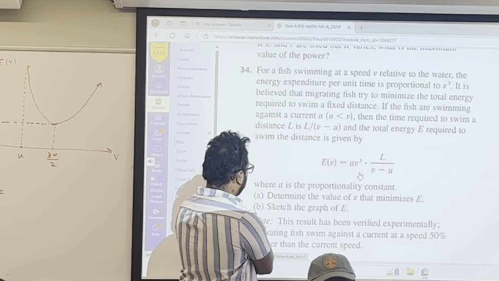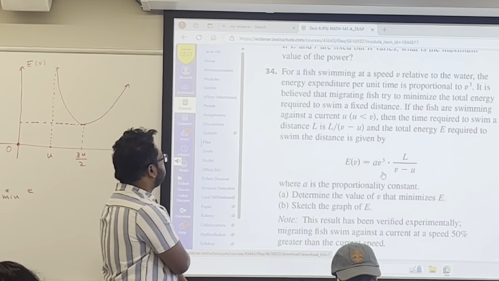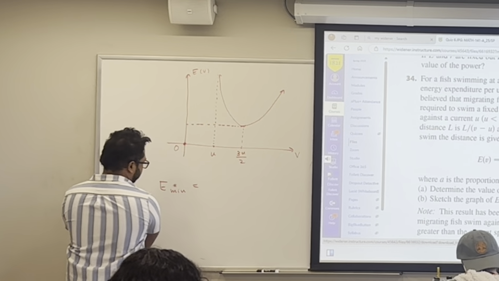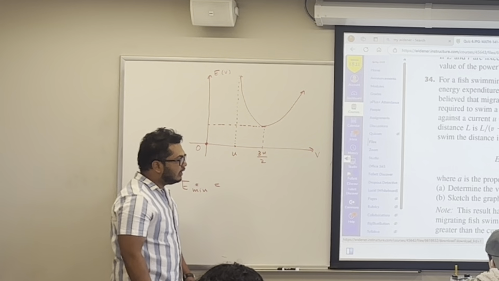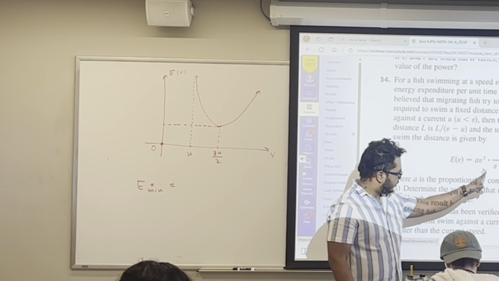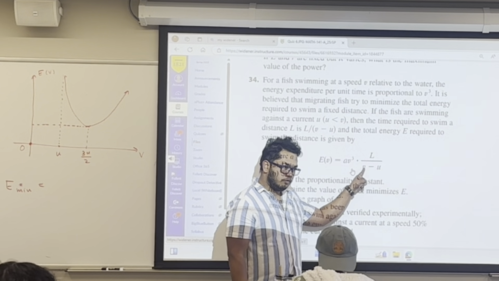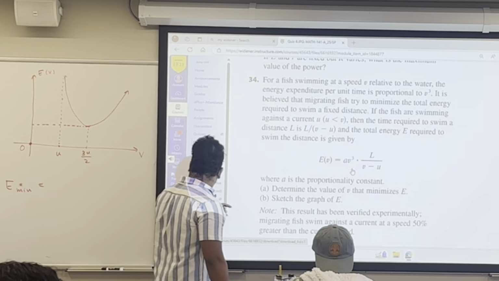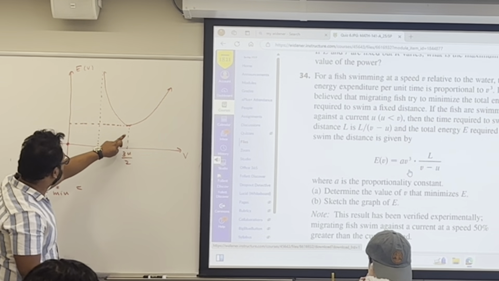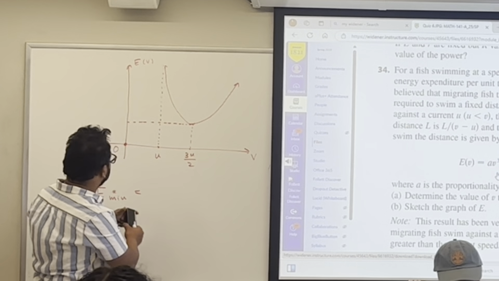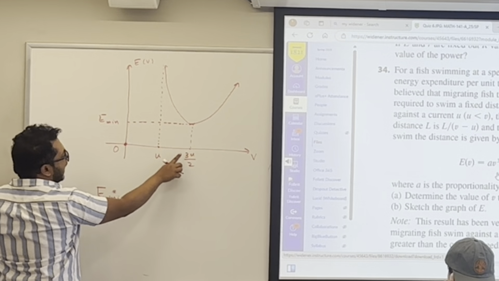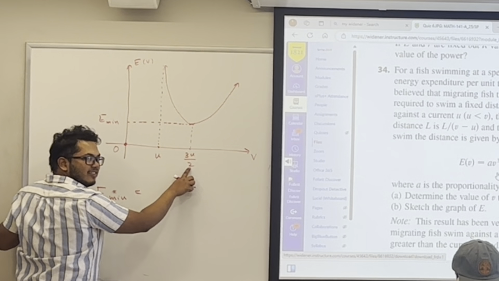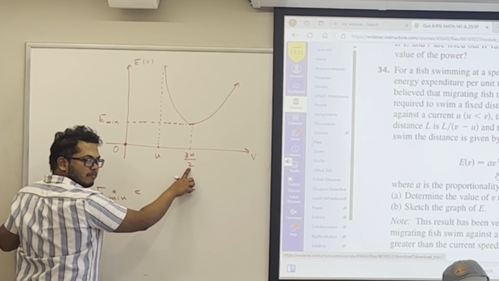What is the minimum energy expenditure? You plug 3u over 2 instead of v, because this is the energy E minimum. This is the energy at v equal to this. Clear?